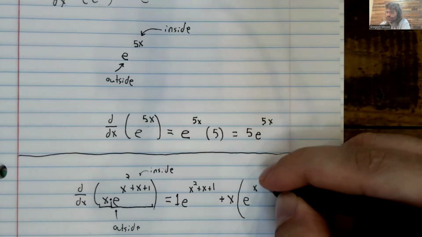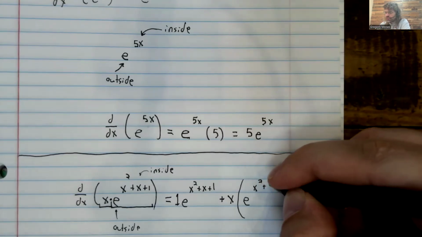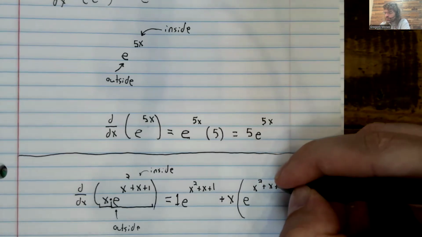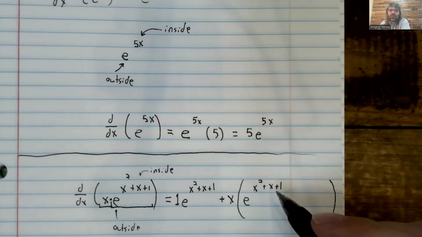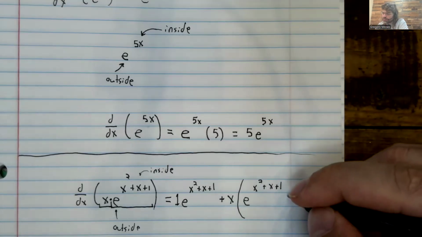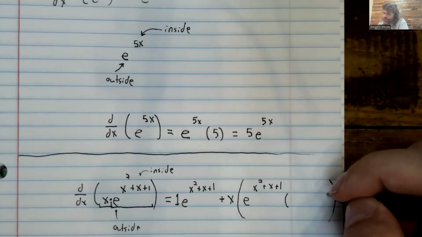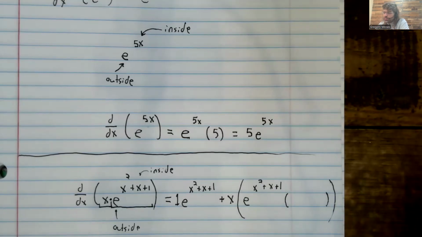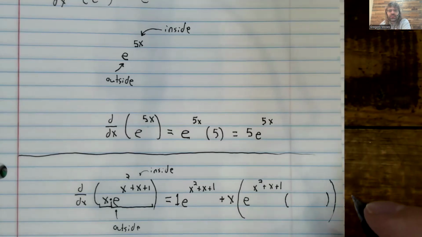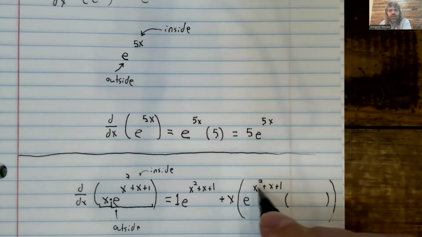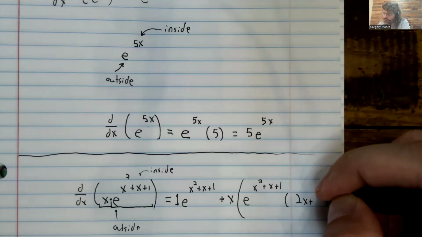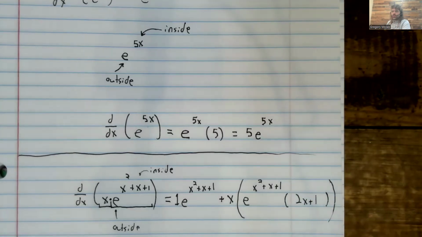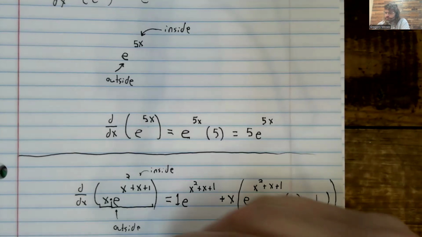We stick the inside function inside of it to get e to the x squared plus x plus 1. And then we multiply by the derivative of the inside function. And the derivative of x squared plus x plus 1 is 2x plus 1.